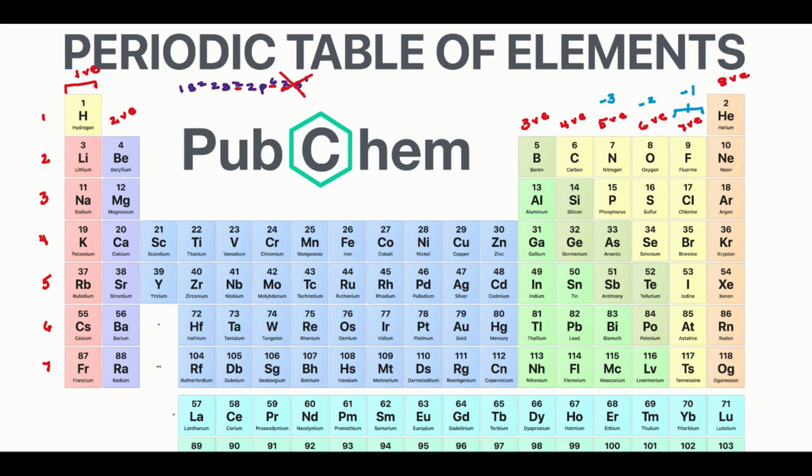So what metals do on the left-hand side, instead of gaining electrons, they actually lose electrons. So the charge for group 1 is going to be +1 because they're losing 1 electron. Okay? Group 2, how many valence electrons does it need to lose? It needs to lose 2. Okay?